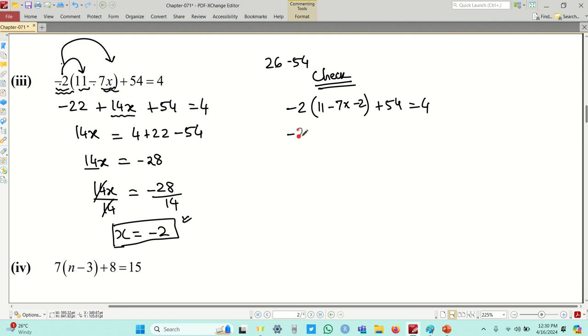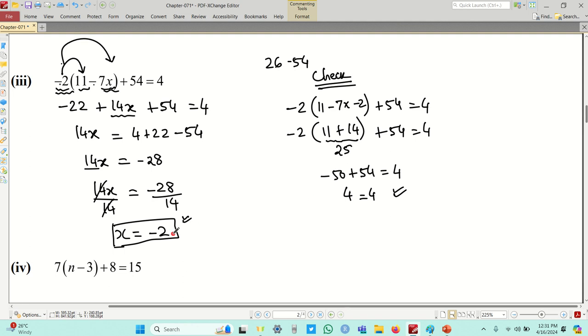Now minus 2 times 11 minus minus plus 7 times 2, 14, plus 54 is equal to 4. Now how much total? 11 plus 14 is 25. Now minus 2 into 25, minus 50 plus 54 is equal to 4. Now minus 50 plus 54 comes to 4. 4 is equal to 4.